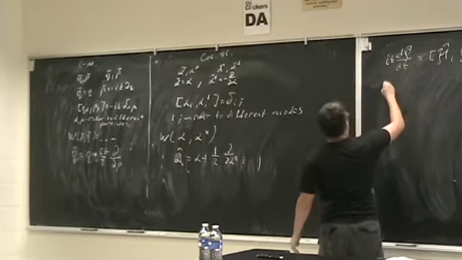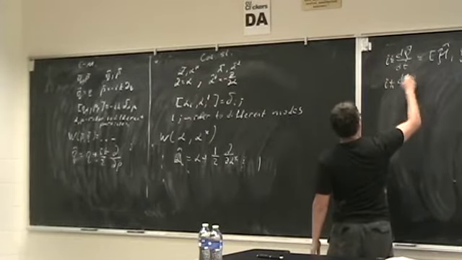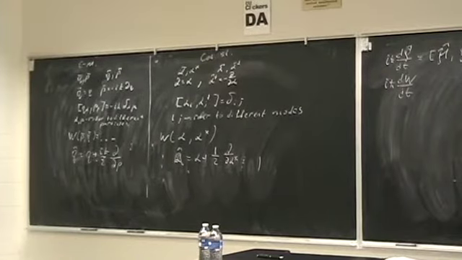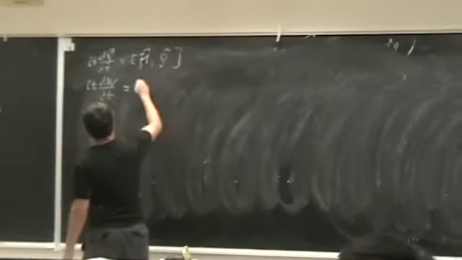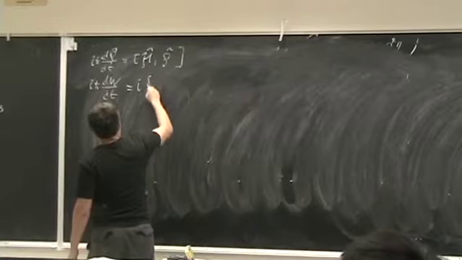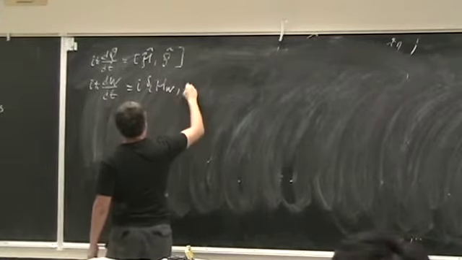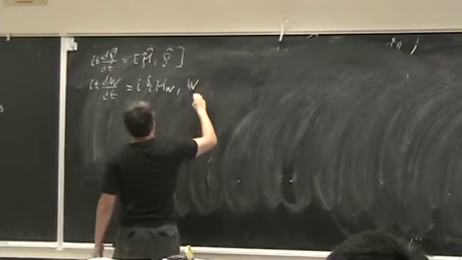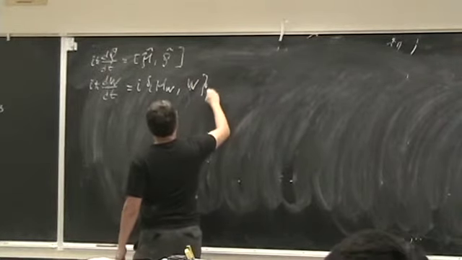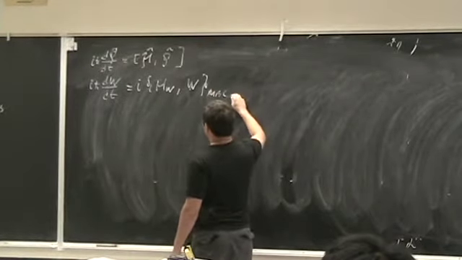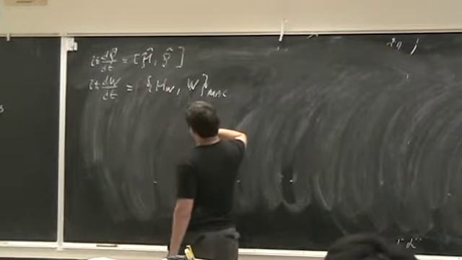Weyl transform of the density matrix is the Wigner function. And Weyl transform of the commutator, it was here, it's a Moyal bracket. I'll use second quantized notation, so this will be the coherent state Moyal bracket of H and W. Oh, sorry, there is no i here, I think.